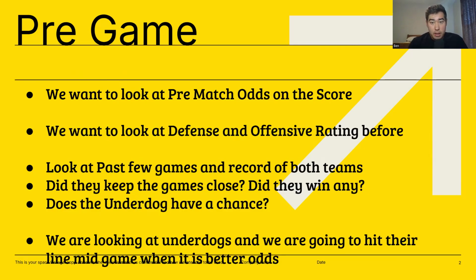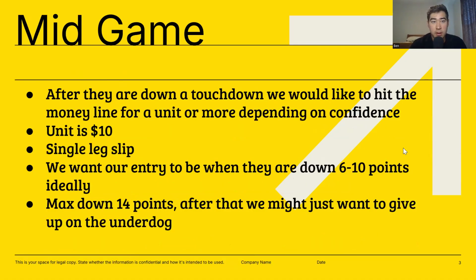We're looking at underdogs that are plus 200, plus 300, plus 400 pre-match, and we're going to try to hit them when they're closer to plus 1,000, plus 2,000 in the middle of the match. We're looking at underdogs that have a chance to hit, and we're going to bet on them mid-game.